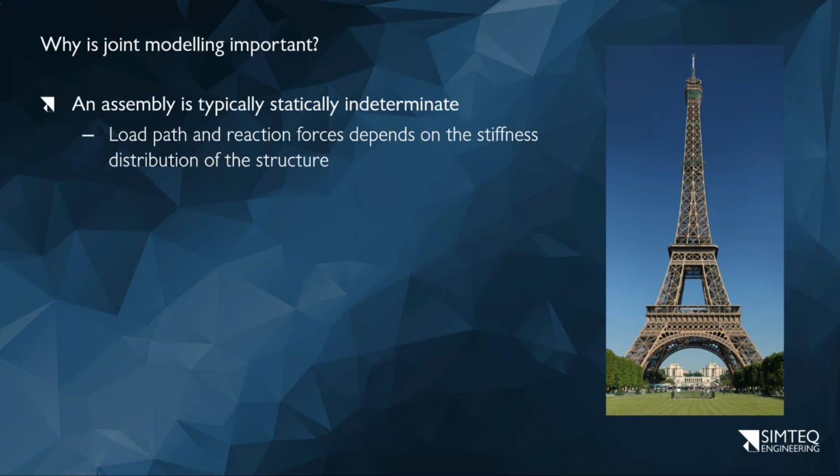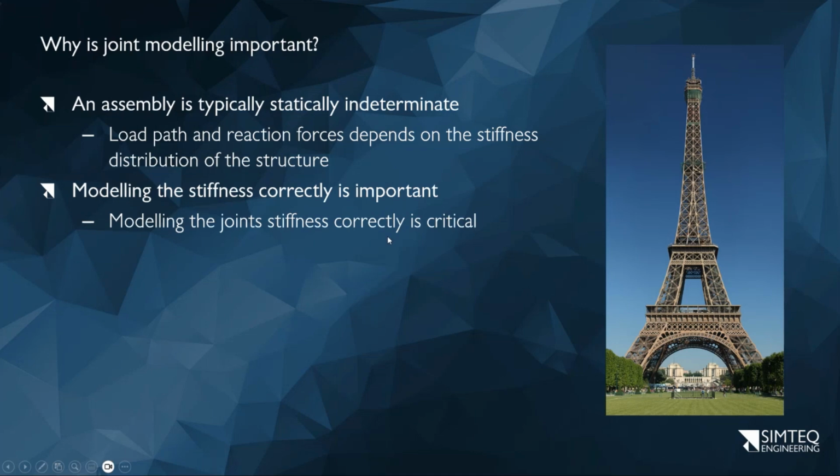So if that stiffness is wrong, we get the wrong load distribution, the wrong load paths. In other words, we get the wrong reaction forces. So to get an assembly right, I have to have the stiffness distribution correct, and that includes the stiffness caused by the jointed connections. So that's why we need to model the joints, the stiffness at least, correctly.